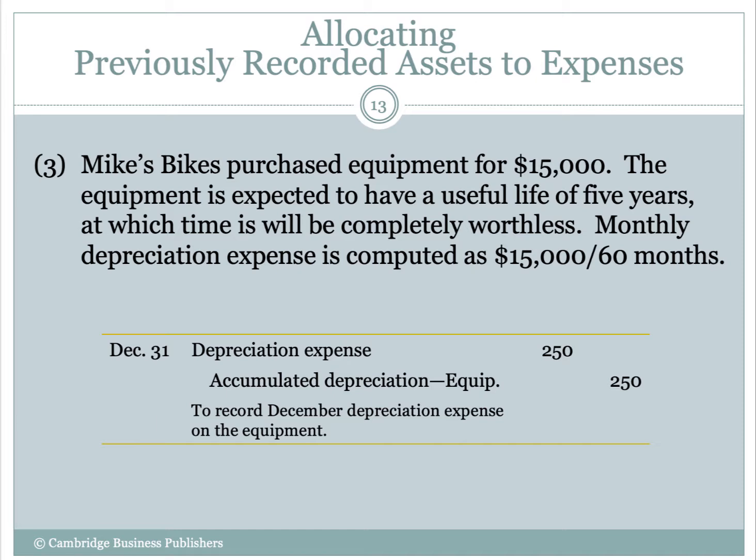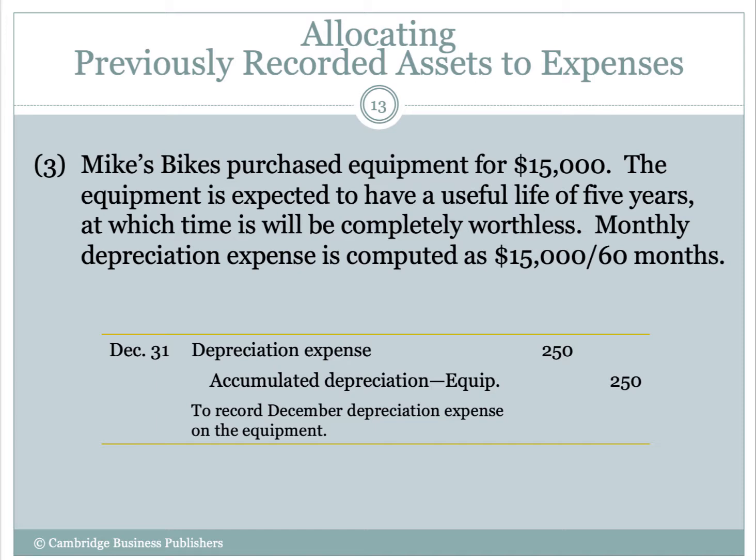What's the journal entry? Well, in order to recognize depreciation expense, we're going to debit expense, we're going to credit a new account. This new account is called accumulated depreciation. It is a contra asset account, okay? So we're going to debit depreciation expense for $250, credit accumulated depreciation, equipment, for $250.